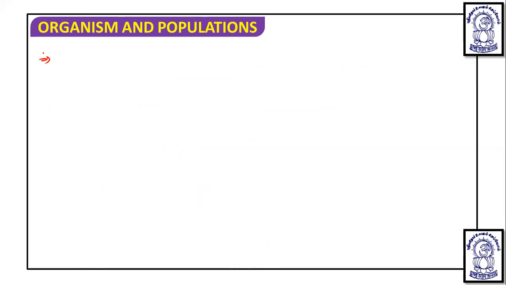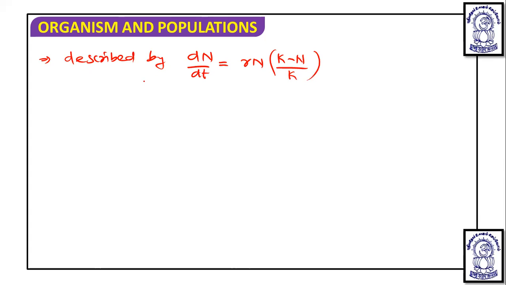Now, it is described by dN by dt is equal to rN (K minus N upon K). Okay.